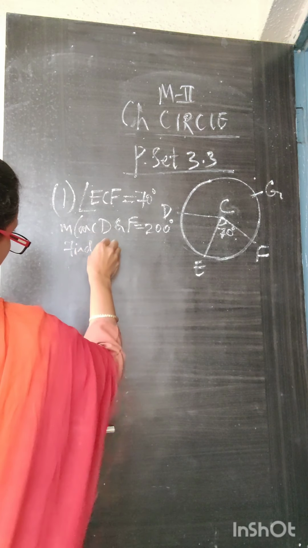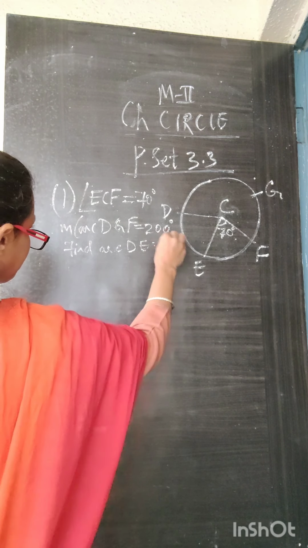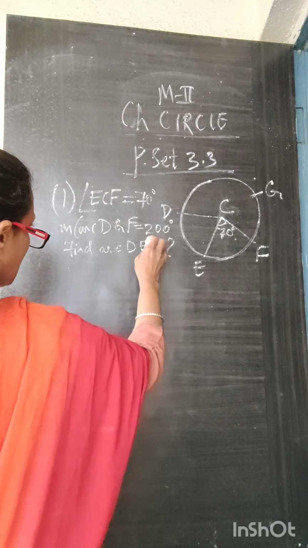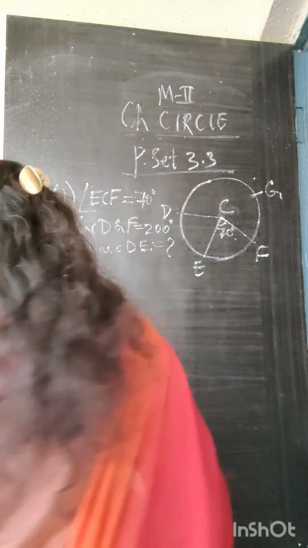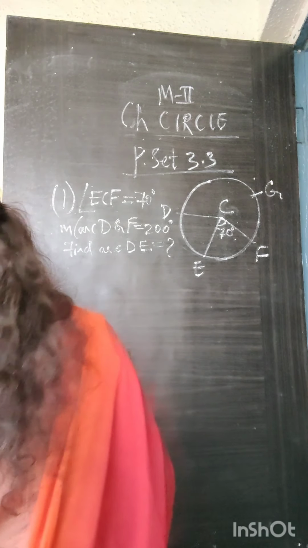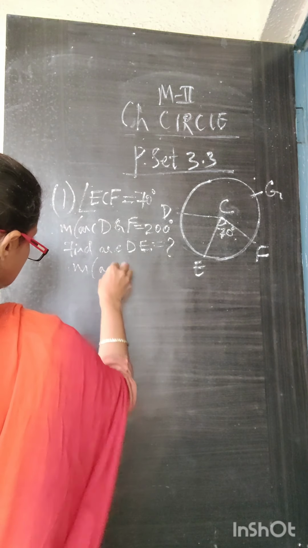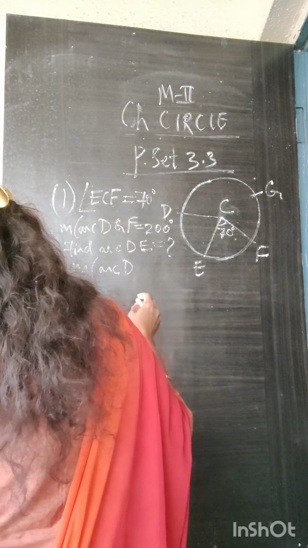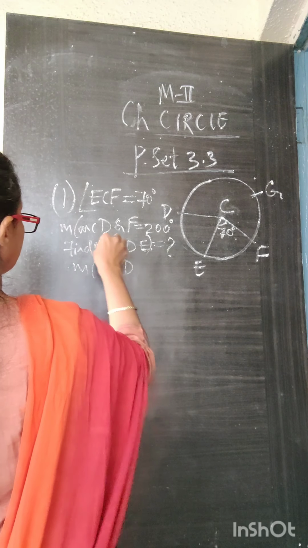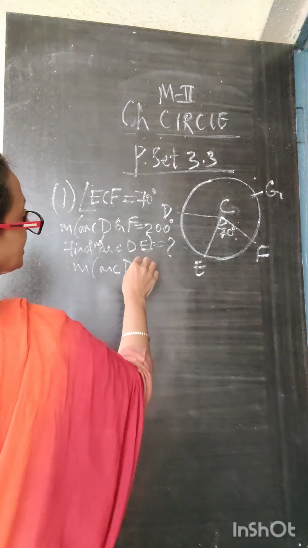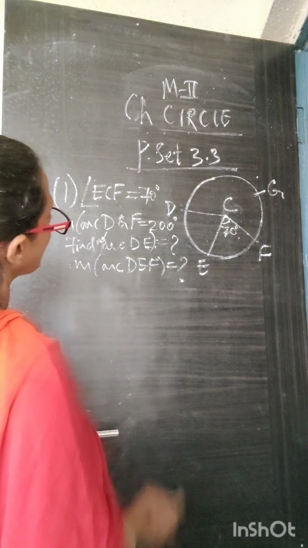We have to find arc DE, the measure of arc DE, and measure of arc DEF. I will write: measure of arc DE, measure of arc DEF is equal to question mark.